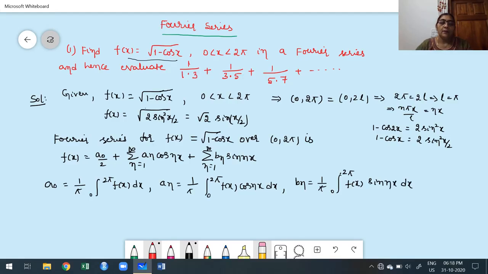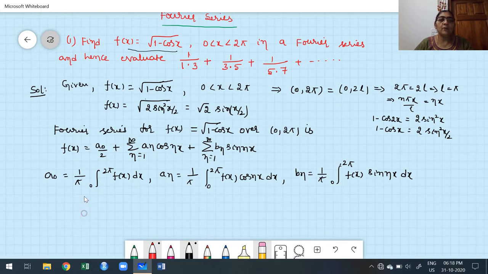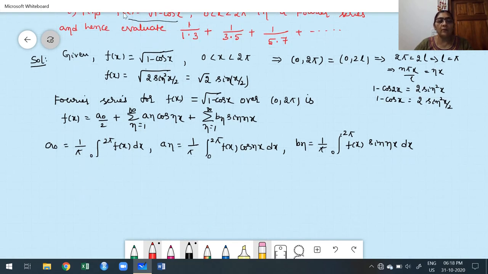Next, we have to find out, first for a naught. Instead of taking root of 1 minus cos x, I have to take the function root 2 into sin of x by 2. First, I have to find out a naught.